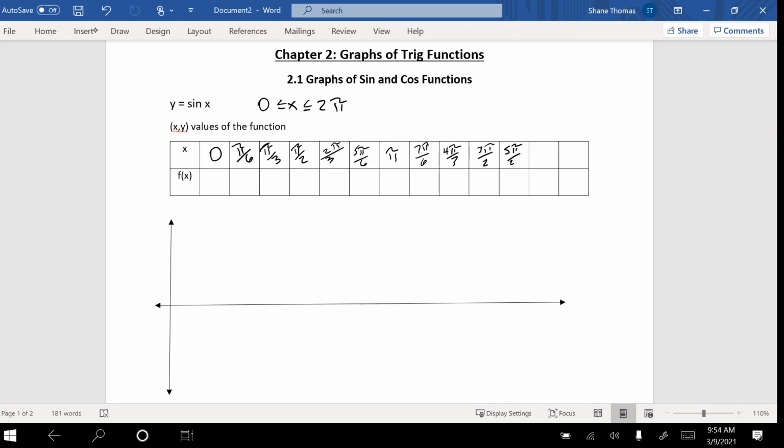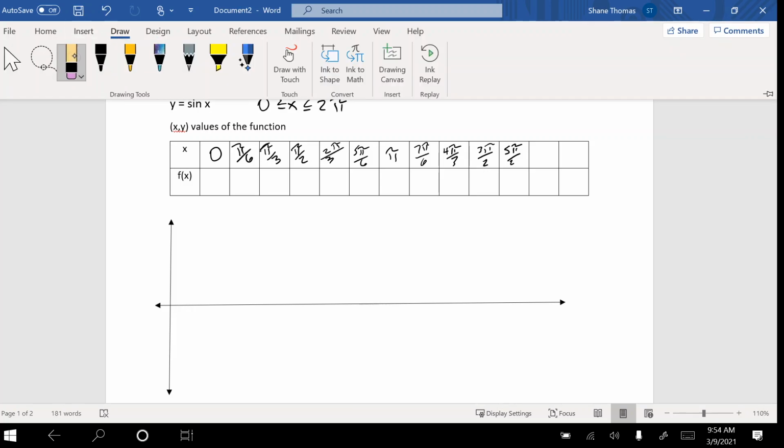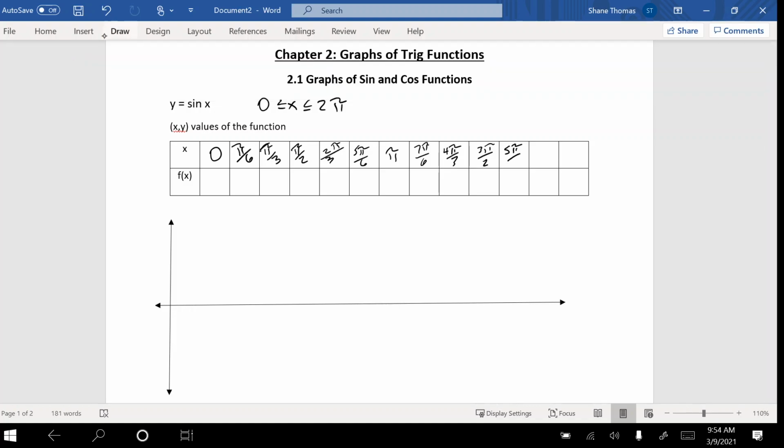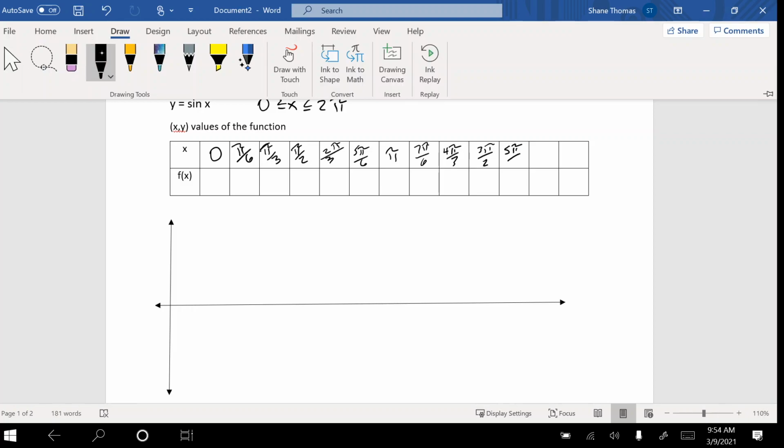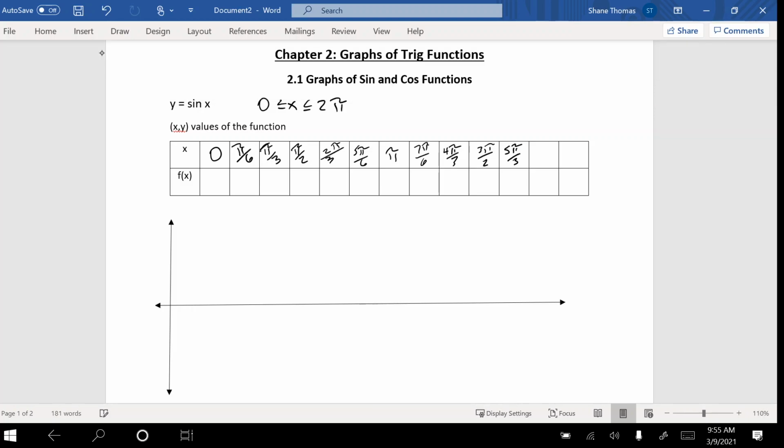That's not right. 4/3, 3 has to be 5/3 pi. Then 11 pi over 6 and 2 pi.